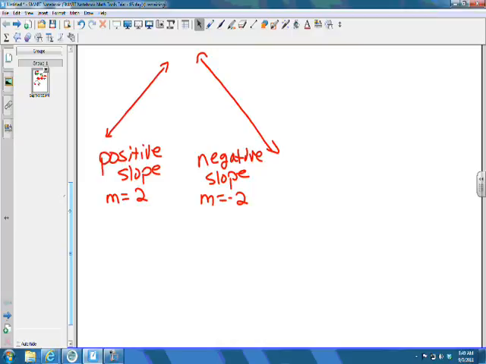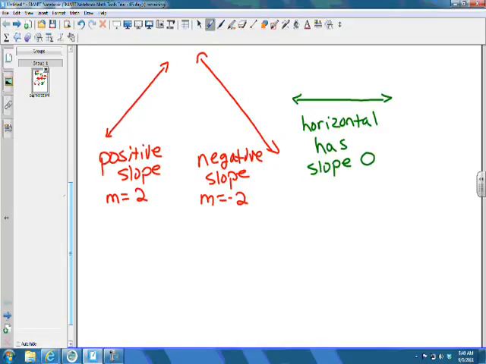And the other two are horizontal and vertical lines. A horizontal line has slope 0. So the slope is actually 0. M equals 0. That's not the same as no slope. 0 usually means nothing, but not in this case.